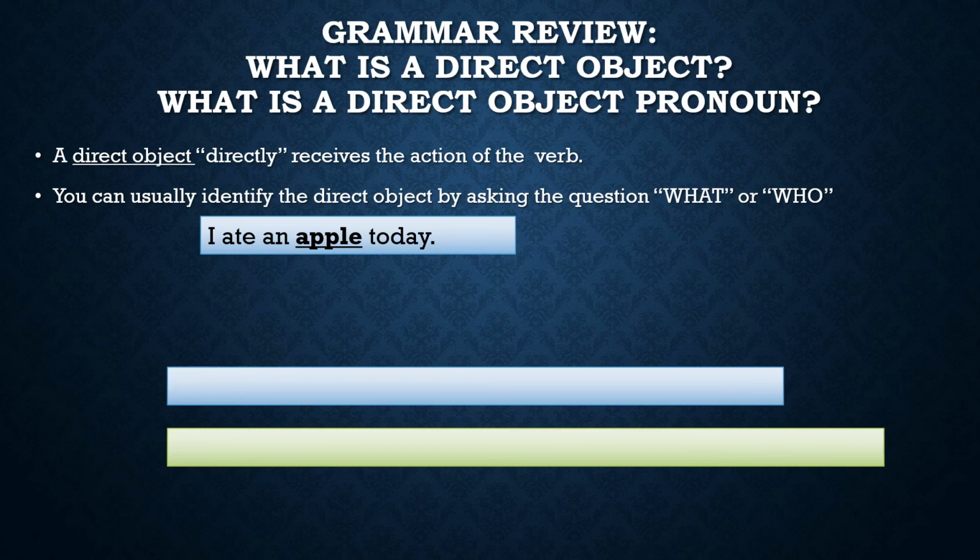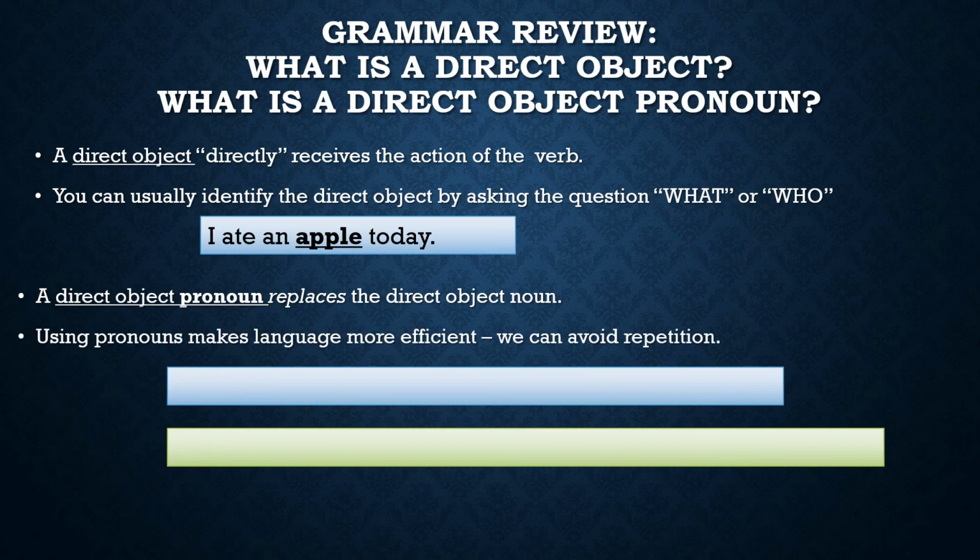So what is a direct object pronoun? Well, pronouns can take the place of nouns, right? And so a direct object pronoun would replace the direct object noun. And what's the point? Well, let's see. I could say, I ate an apple today.